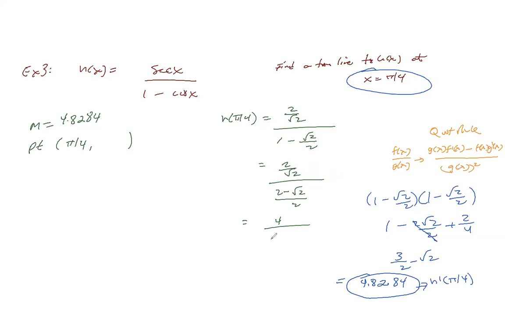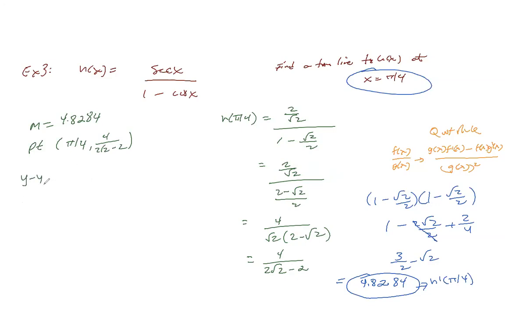That's going to give us 4 over root 2 times 2 minus root 2. If you didn't hate me before, you probably hate me now. 4 over 2 root 2 minus 2. So this is our y value, wonderful. Making myself suffer for this one.